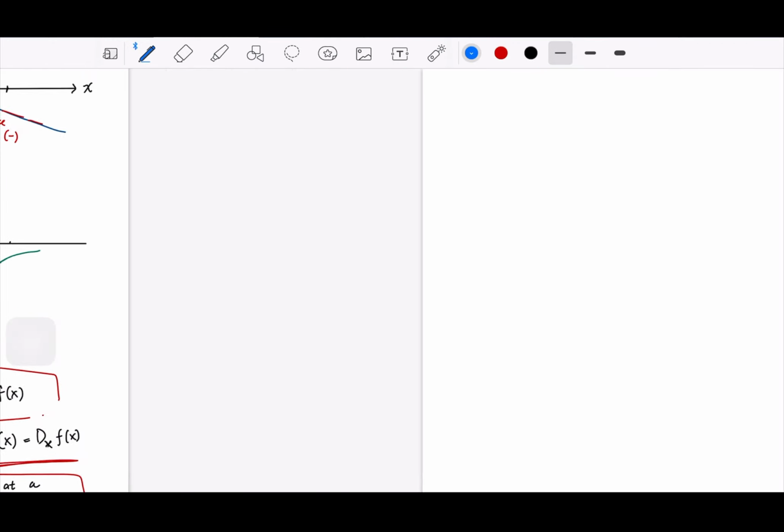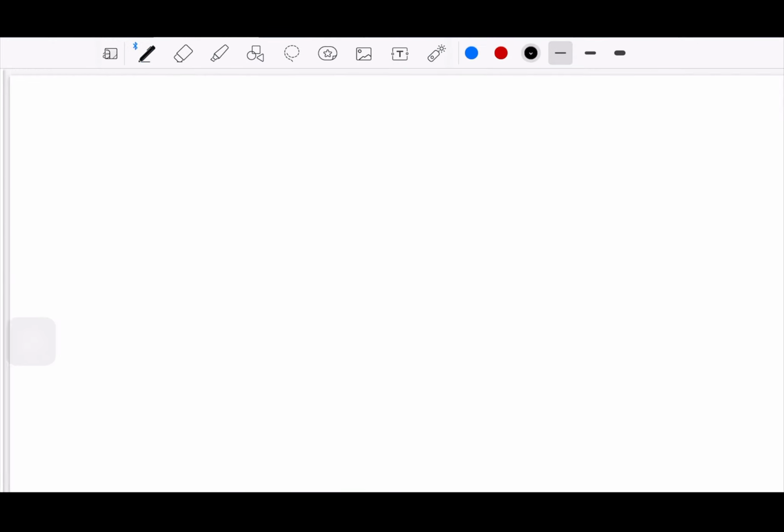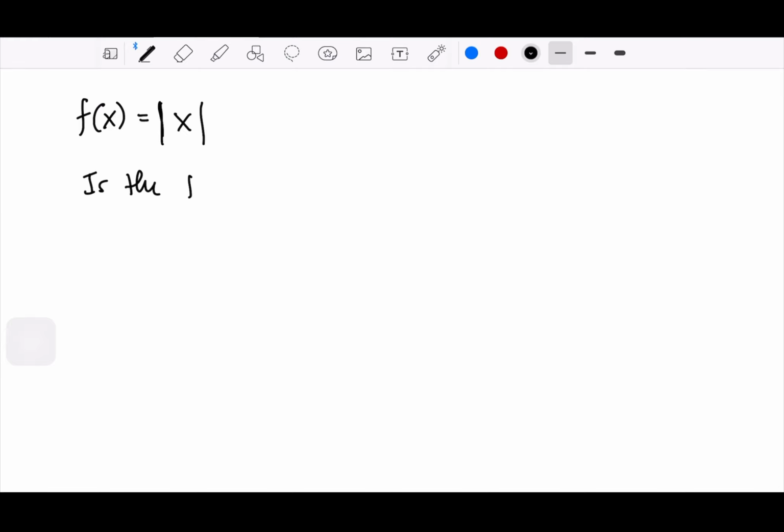Maybe let me start with, for example, if we have the function that is the absolute value of x. The question is: is the function differentiable?